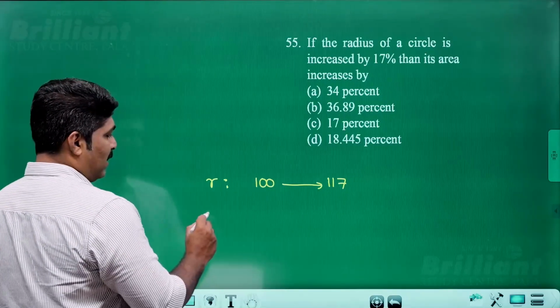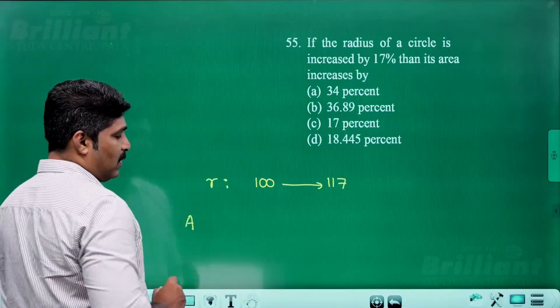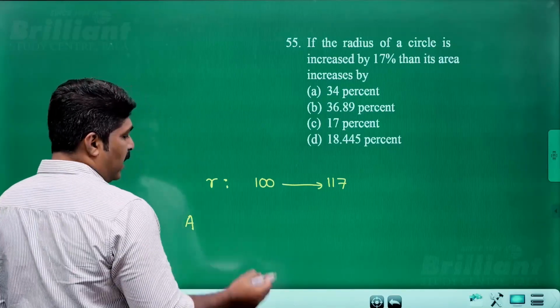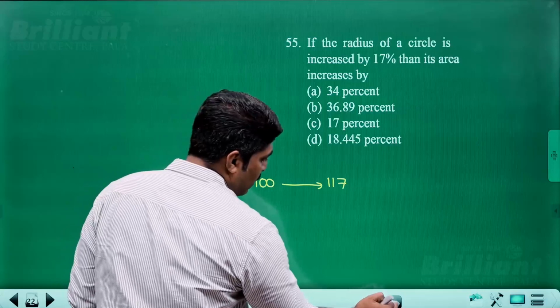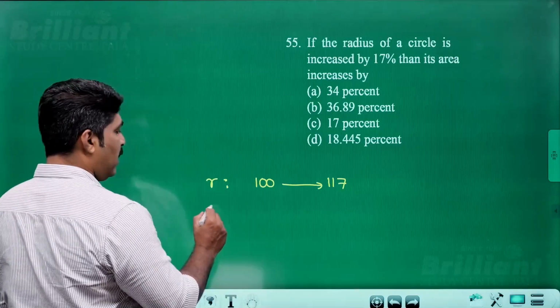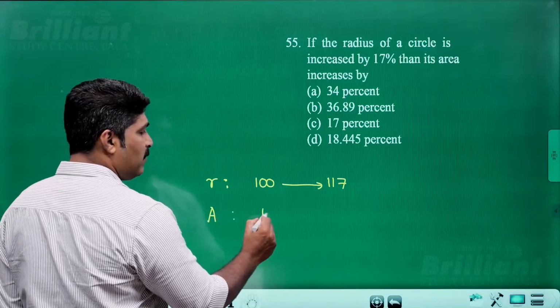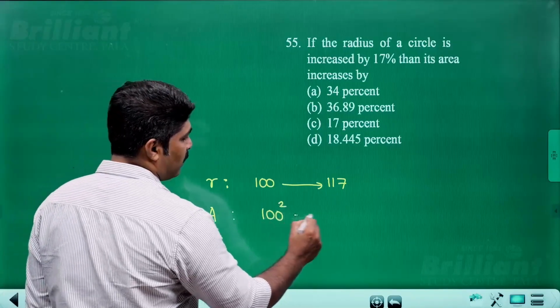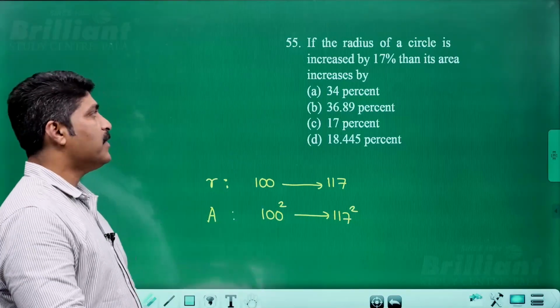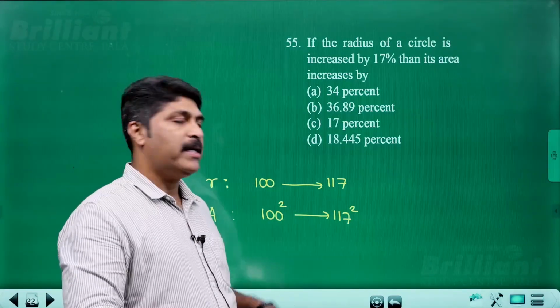Then area is equal to pi r square. So area increment is proportional to r square. Therefore, for the variation in area, simply take the square of these two values. This is 100 square becomes 117 square.